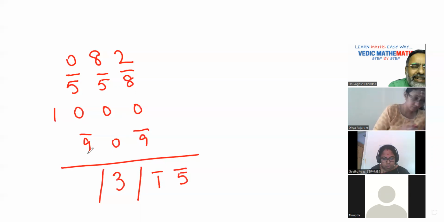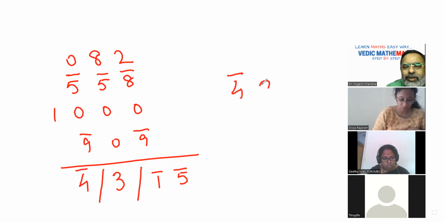Now, 9 and 5 bar, 1 bar, 4 bar, and 1 goes further, so only this is left. Correct? So answer becomes 4 bar to 5 bar.